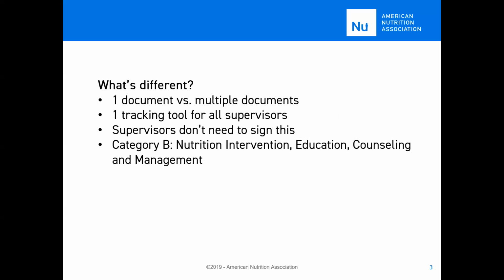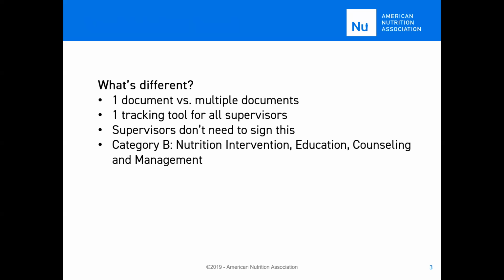So what's different about it is there's one document versus multiple documents, one tracking tool within the document to record activity with all supervisors. Before it was separate documents, so you would use one tracking tool per supervisor, but now, again, this is just one document and we will go through it. It has several different sheets attached.